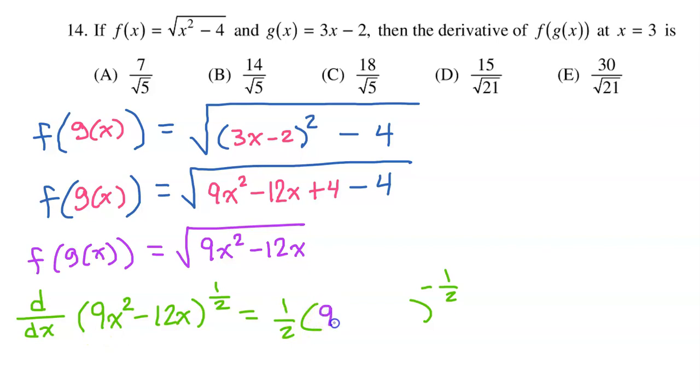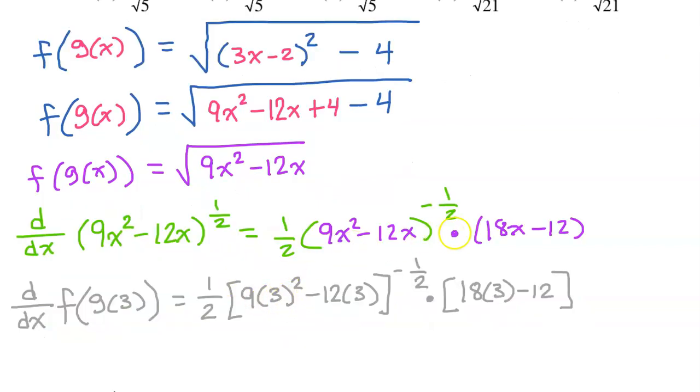Inside, we still have 9x squared minus 12x, but the chain rule demands that we now multiply by the derivative of this inner function. That's going to be 18x minus 12. Now that we have an expression for the derivative of the composite function, all we have to do is evaluate at x equals 3.